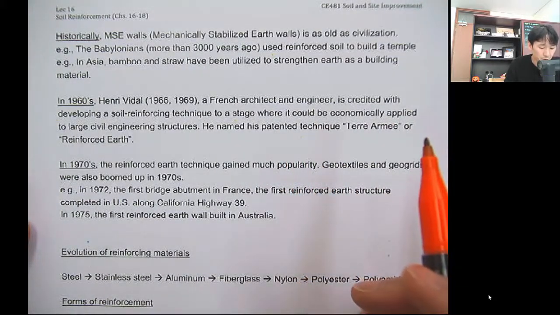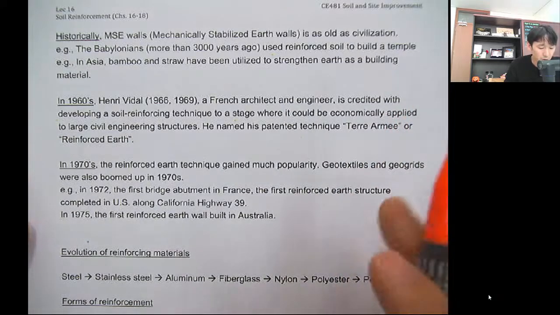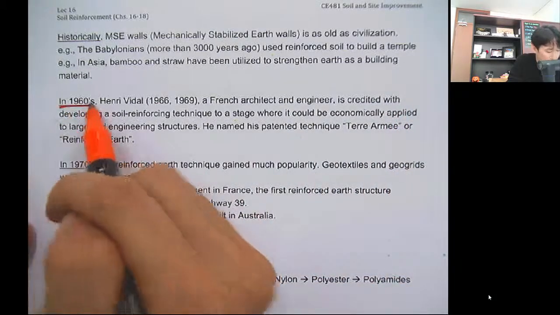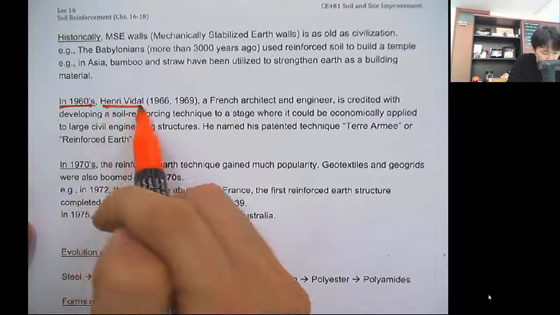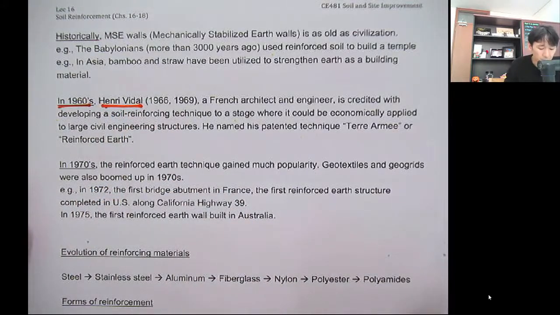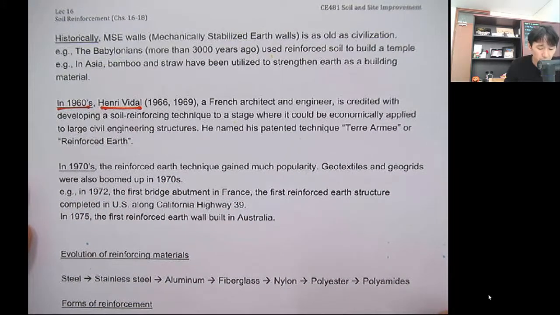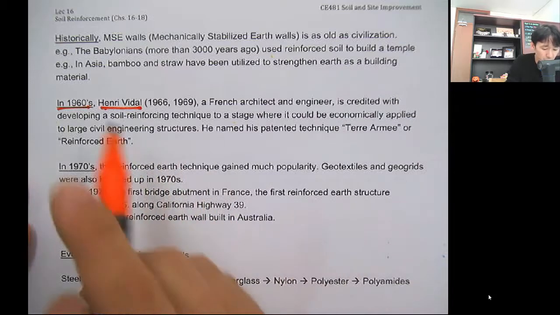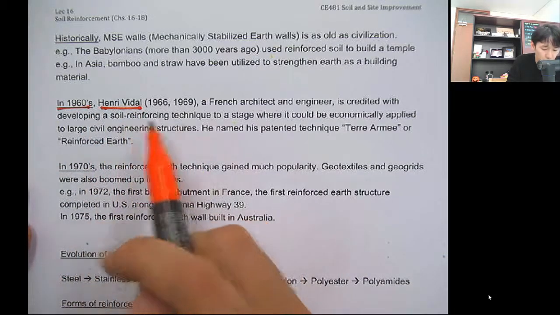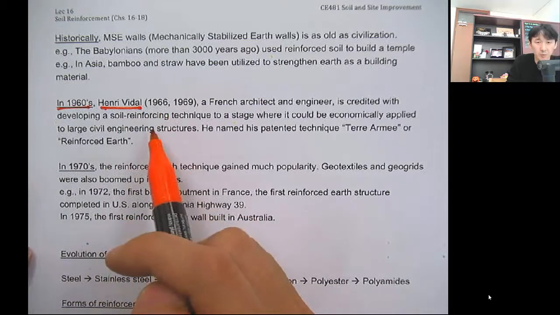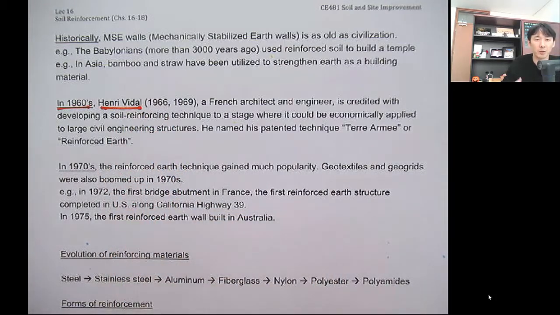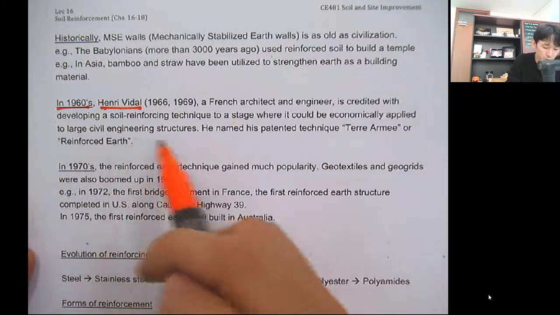But in modern ages, in the 1960s, Henri Vidal, a French architect and engineer, is credited with developing a soil reinforcing technique to a stage where it could be economically applied to a large civil engineering structure. So in the 1960s, it became economically available, and people used it for large civil engineering structures.